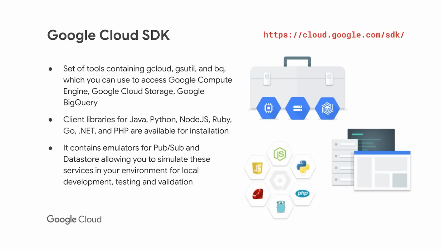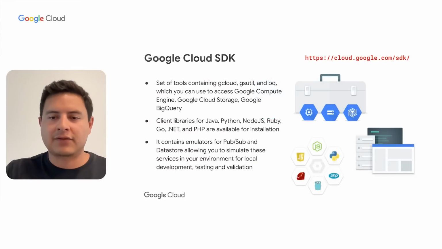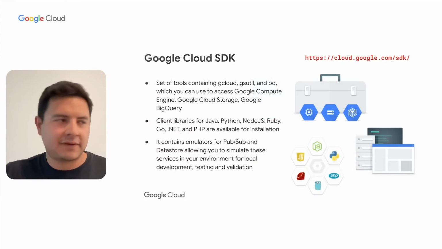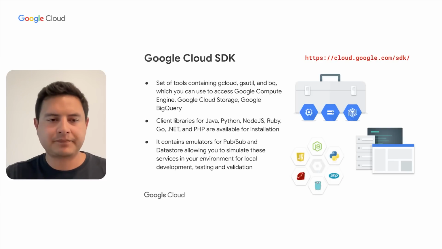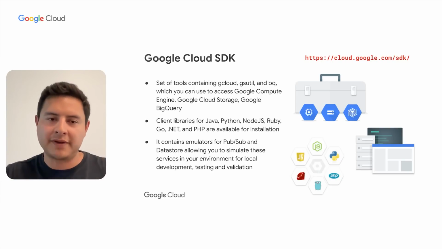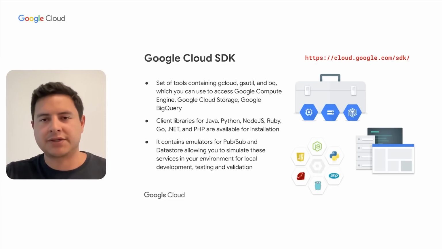It enables you to have that quick command line into creating things or managing your Google Cloud organization. We have different client libraries. So if you want to use Java or Python or Node.js, you can, and you can install each one of those separately. And then it also has emulators that allow you to simulate those services in a local environment. So you can test, you can validate before you deploy it onto your application.